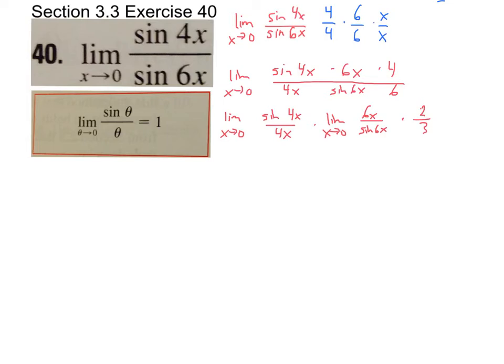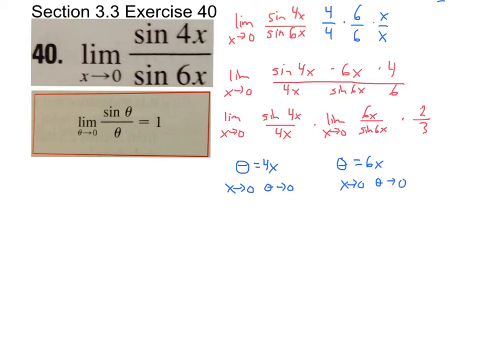And then we're going to make substitutions. For the first one, we're going to let theta equal 4x, and then for the second part, theta is equal to 6x. And so what we note is that as x goes to 0, theta also goes to 0 in both of these parts.